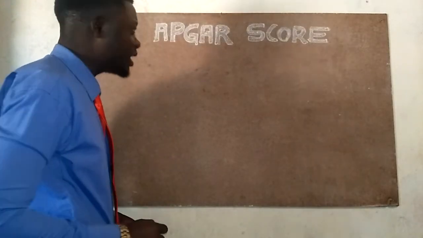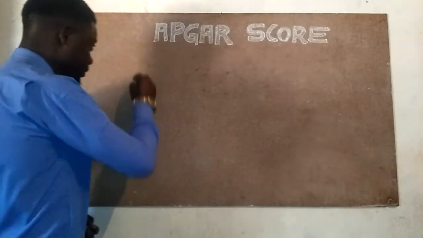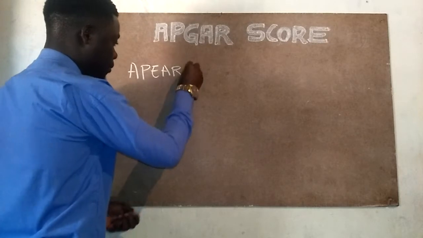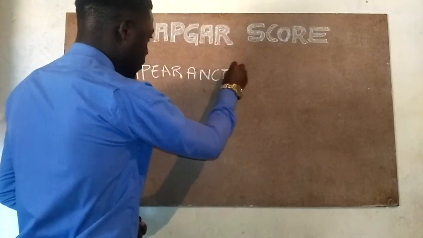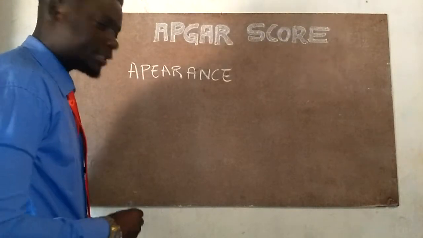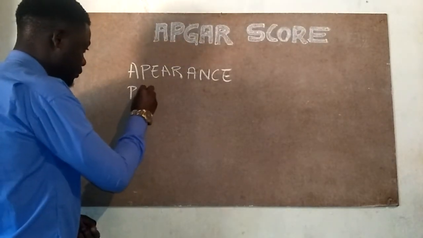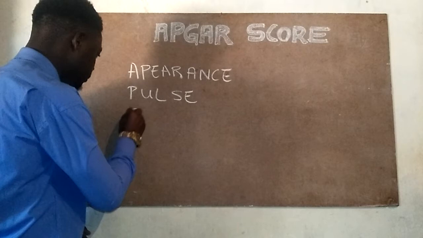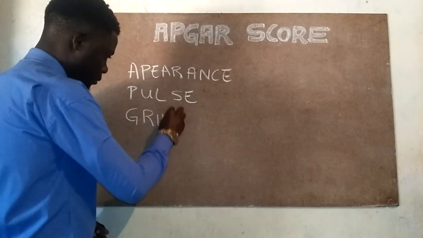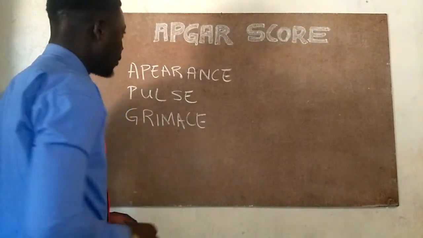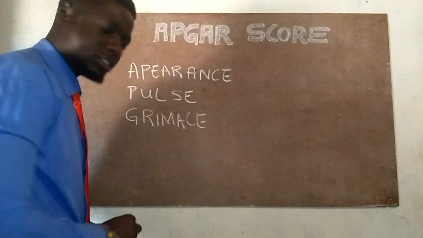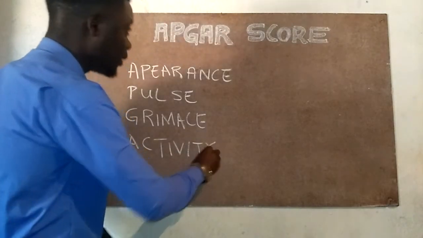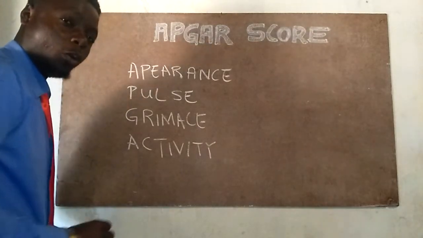The Apgar score stands for: A stands for appearance, P stands for pulse, that is heart rate, G stands for grimace, A stands for activity or muscle tone, and R stands for respiration or respiratory effort.